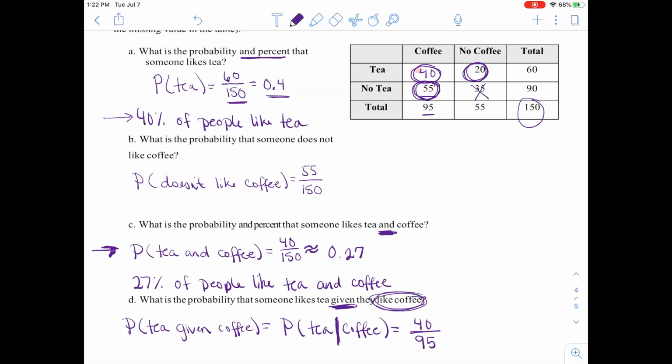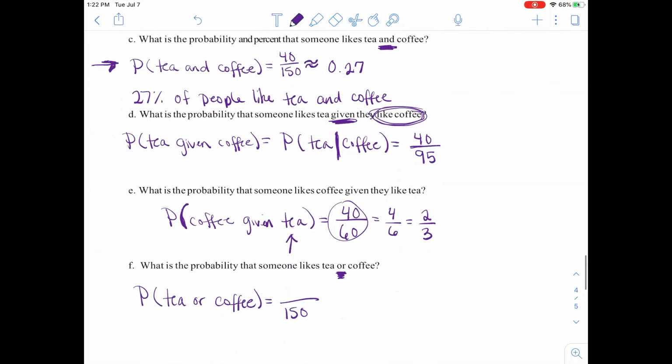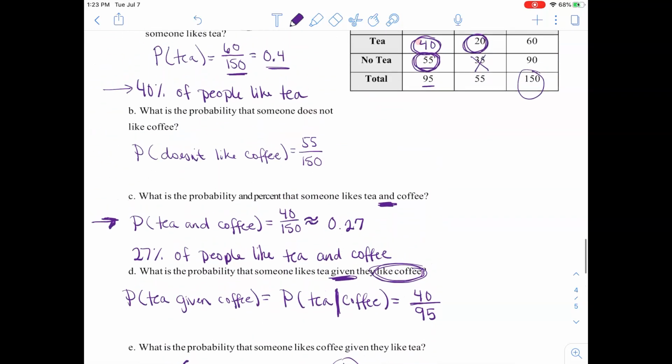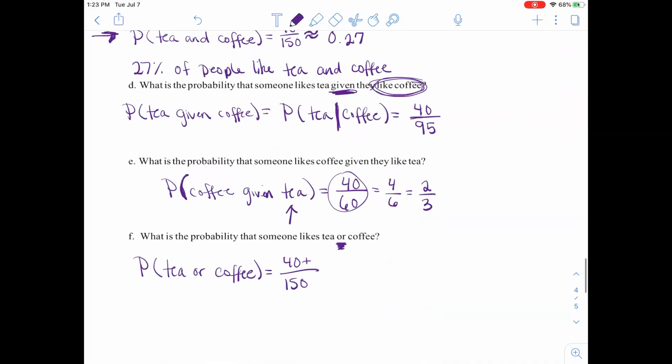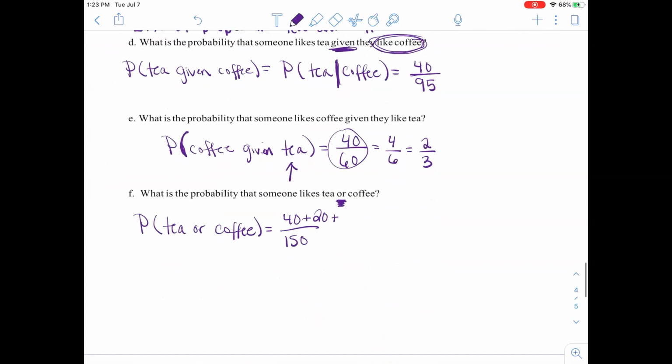So I don't want to list that. So what I'm going to do with those three things is add them. So I have 40 plus 20 plus 55. If I add those all up, I get 115 out of 150.